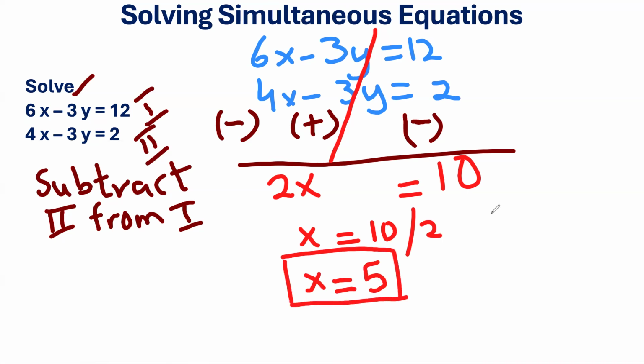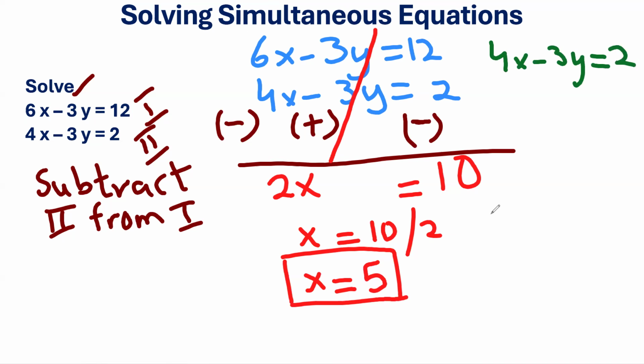Now you have to find the value of y by keeping x in any equation, equation 1 or equation 2. I'm taking equation 2 this time. Equation number 2 is 4x minus 3y is equal to 2.